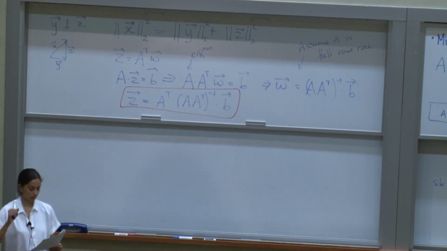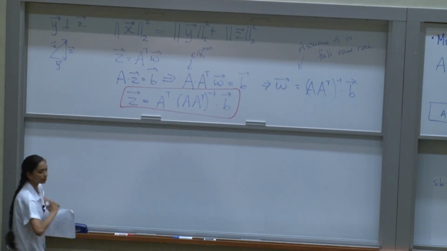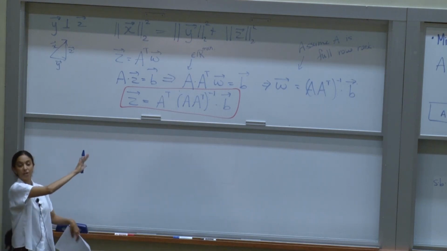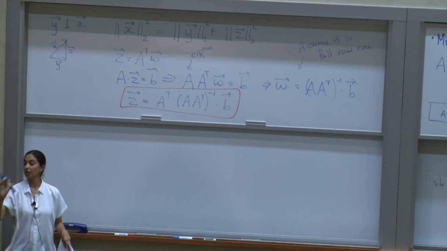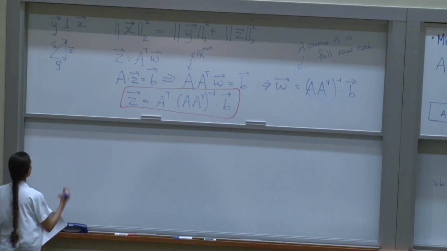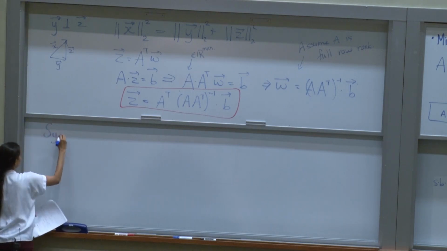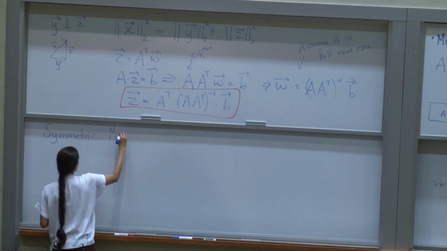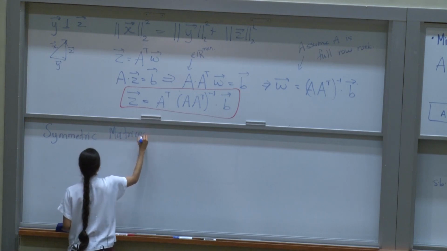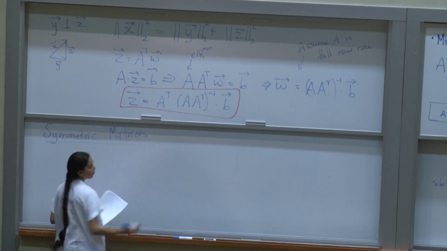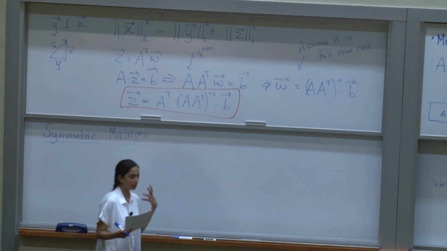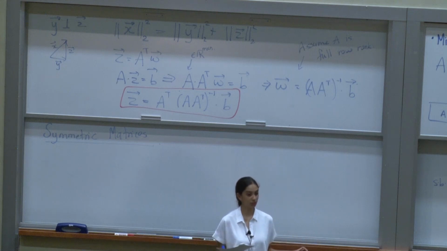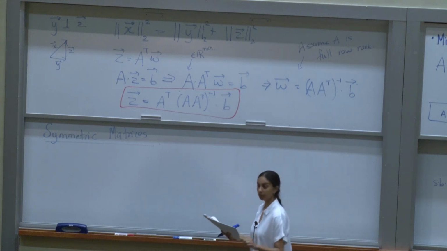I'm going to move on to the next topic. So we've done the fundamental theorem of linear algebra and an optimization problem related to this. The next review-ish topic is we're going to talk a little bit about symmetric matrices. And symmetric matrices are particularly important in this class because a lot of the matrices that end up in optimization problems or in real-world situations that you care about are symmetric.